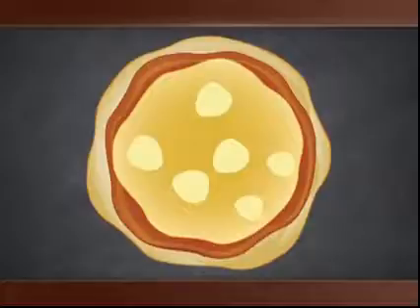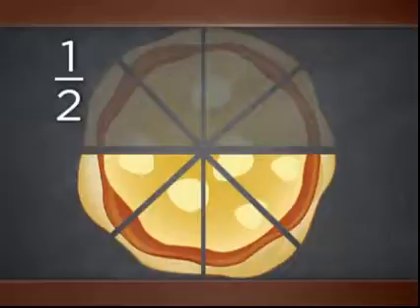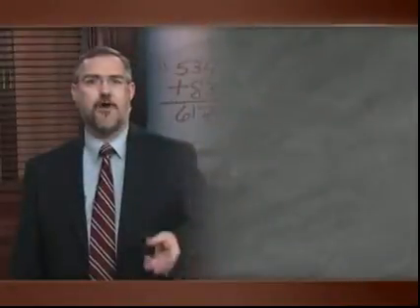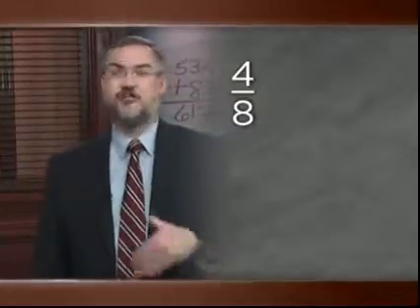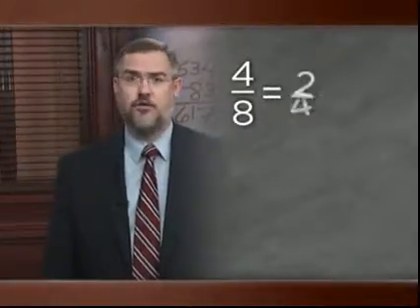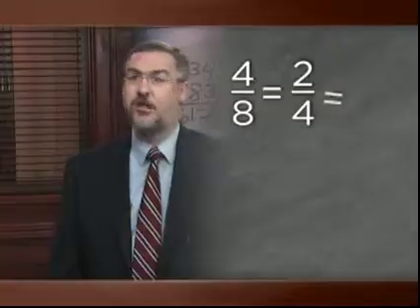And similarly, if you had cut the original pizza into, let's say, 8 equally sized slices, and you kept 4 of them for yourself, then you would again see that you have 1/2 of the pizza. So that means that the fraction 4 divided by 8, which is 4/8, is actually the same as 2/4, and that's exactly the same as 1/2.